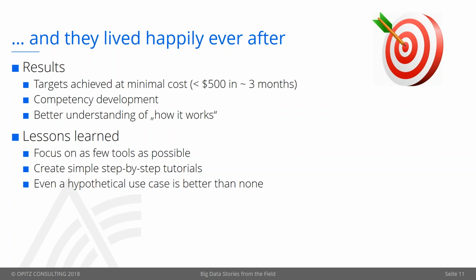So of course, it's always a nice idea to say, okay, we'll just get started and we'll just try out whatever we feel like, but it's always good to have a target in mind, a target architecture or a target data structure, for instance, that you can then work on to achieve, even if it's not a real world scenario, but as long as it can be done with whatever data and tools you have, then that's a very good approach to getting started, because everyone can relate to it much easier and feel at home much quicker.